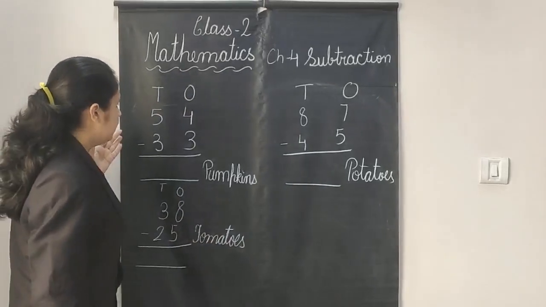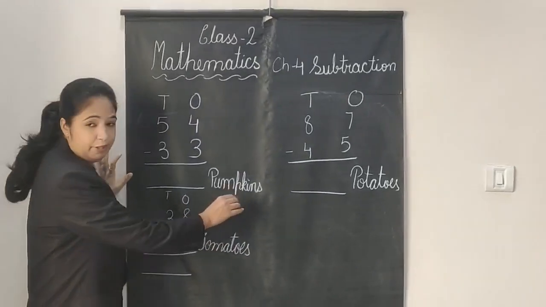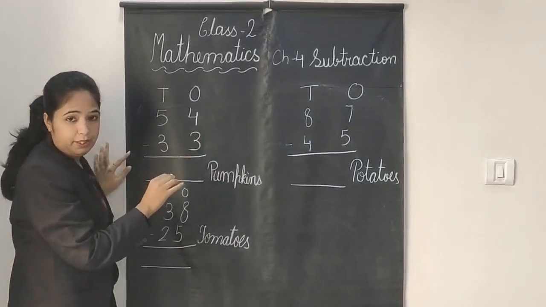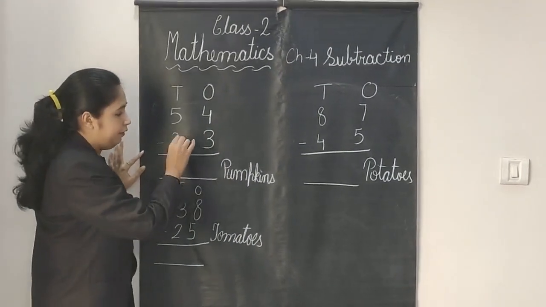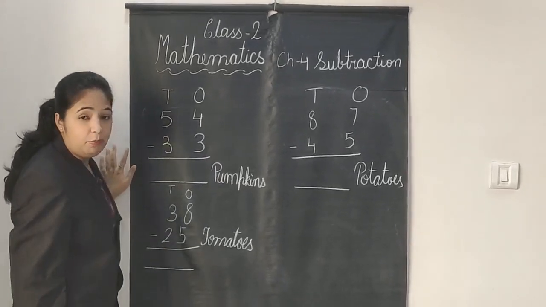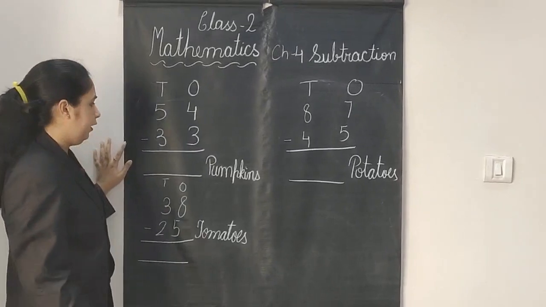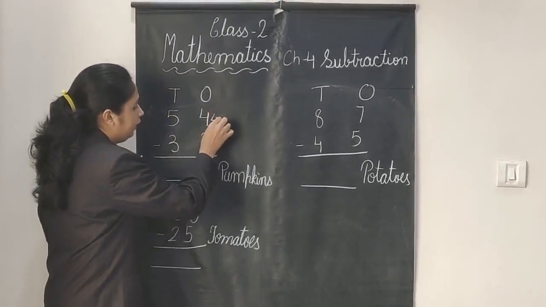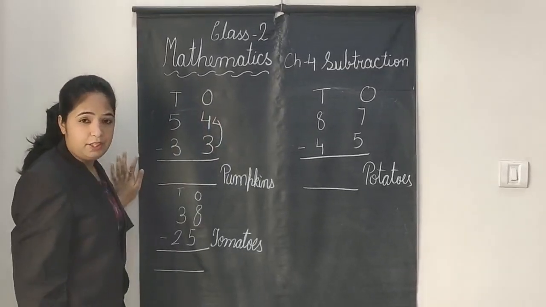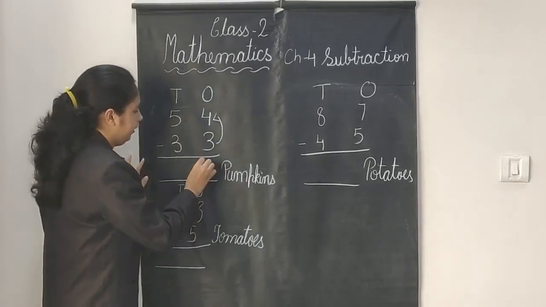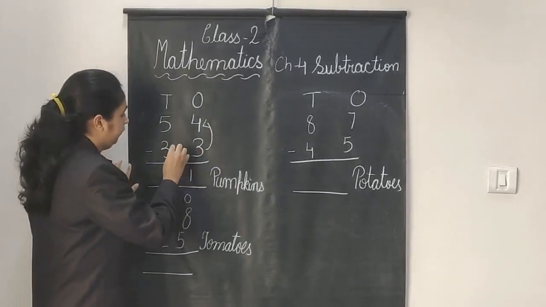Here is the first vegetable, which is pumpkin. The total number of pumpkins Madan has is 54. He sold 33. Now how many pumpkins are left? We will find. After 3 till 4, after 3, 4, we write here 1.